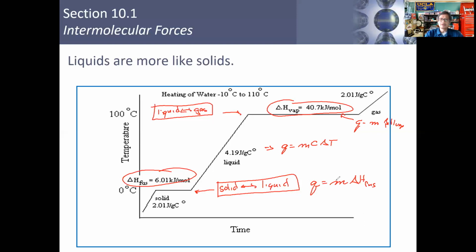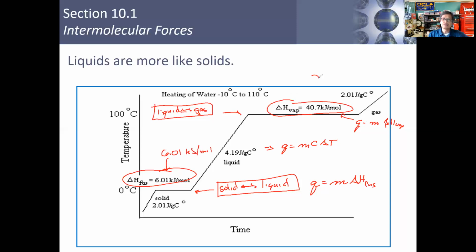And so why do I bring this up? If you notice here, the heat of fusion for a solid to liquid transition, and this is for ice, is the amount of heat needed per mole of ice to melt it, about 6.1 kilojoules per mole.